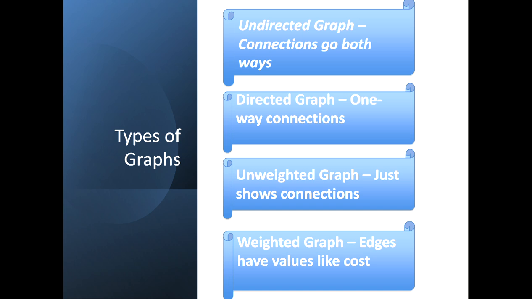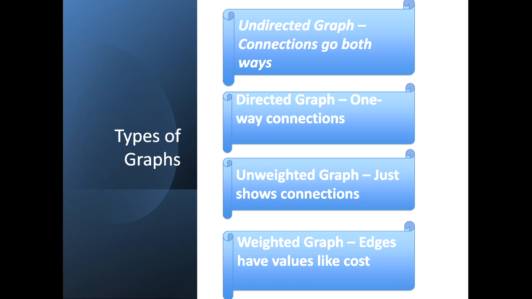And the third type is the weighted graph, where edges have values like cost. So a node has an edge and that edge has a value, which is also cost.